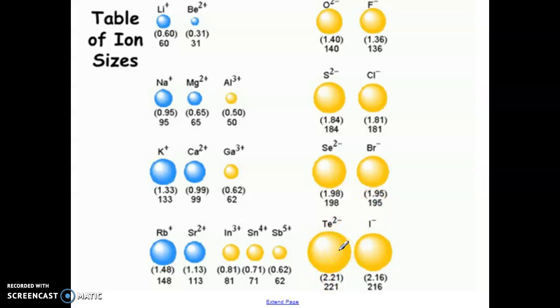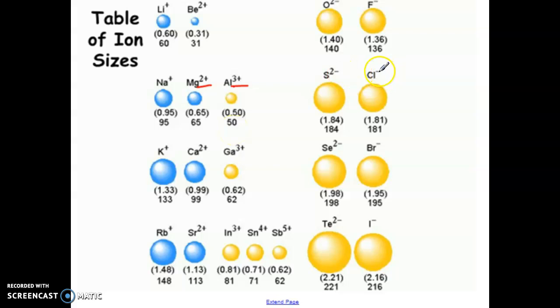I want you to notice something: the more electrons that you lose, the smaller that atom will get, right? The reason is that you now have fewer negative charges, so the positive nucleus can pull them in tighter. There is less electron shielding happening.